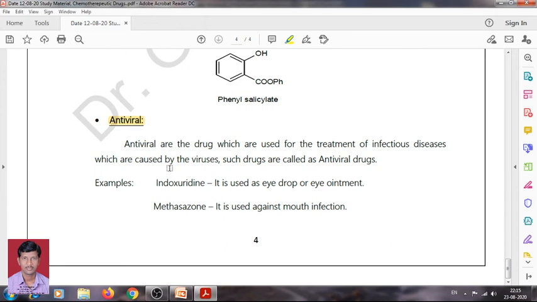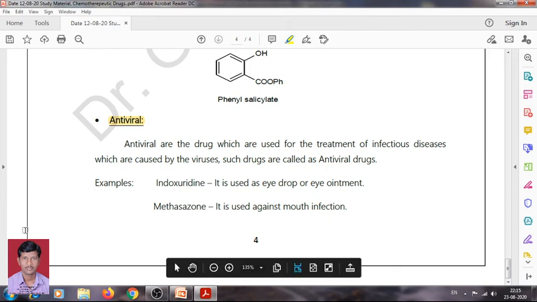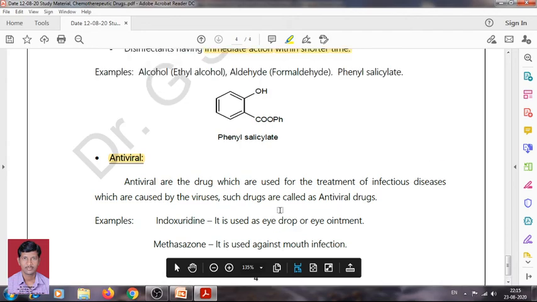For example, idoxuridine, it is used as an eye drop or eye ointment. Or methisazone, it is used against the mouth infections.